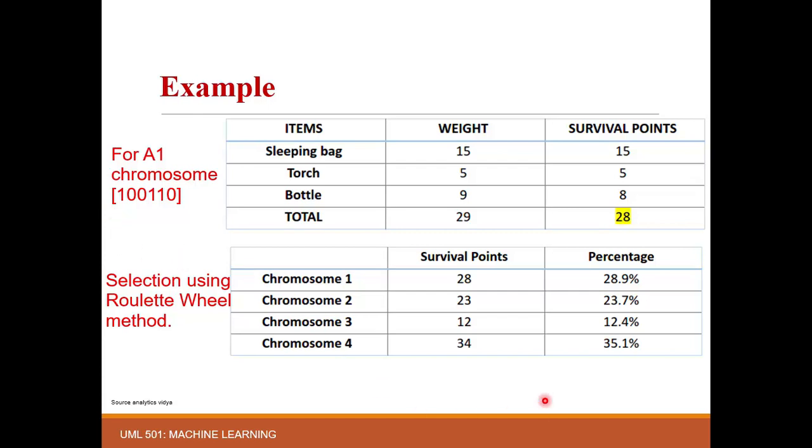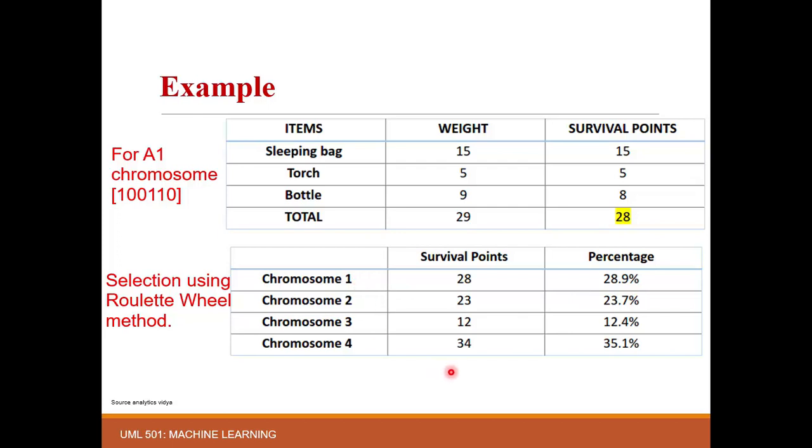Now you have to calculate their percentages, that is, how much proportion their survival points carry. For that, add up all these fitness values, the survival points, and if you want to calculate for chromosome 1, then divide 28 by the sum, and the resulting value will be the proportion of fitness corresponding to chromosome 1.